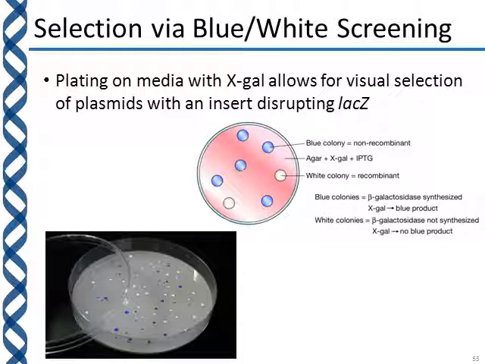So basically, in the blue colonies, beta-galactosidase is synthesized normally, so you have your blue product, whereas in the white colonies beta-galactosidase is not synthesized because the LacZ gene was disrupted by the insertion of your DNA. So there is no cleavage of your X-gal, so there is no blue color.